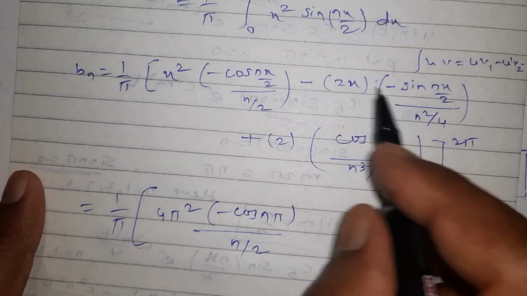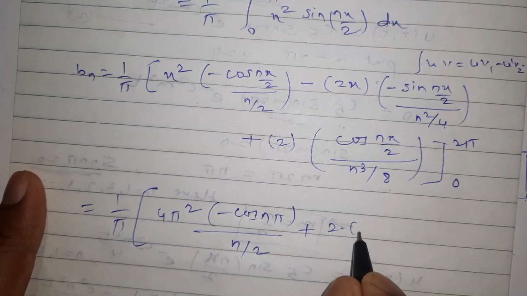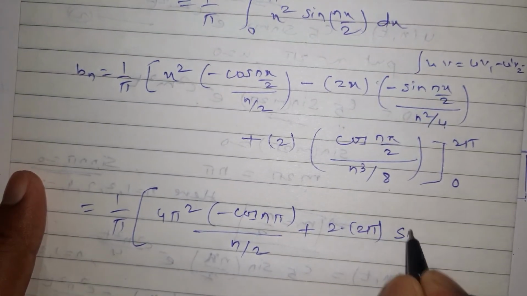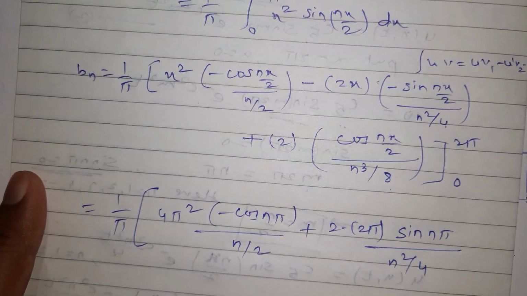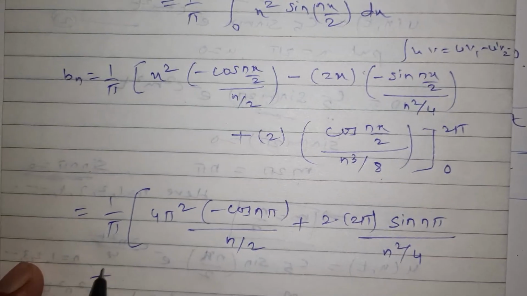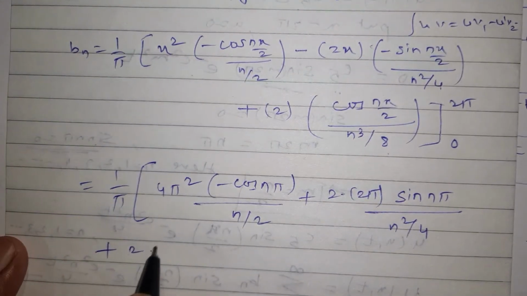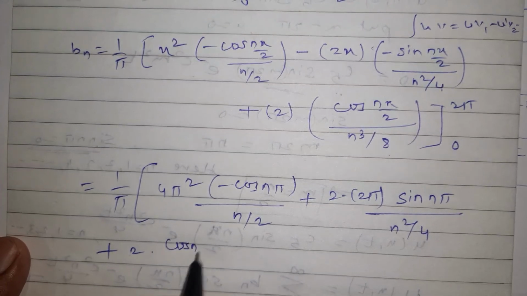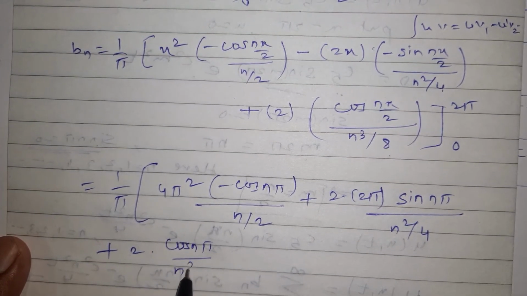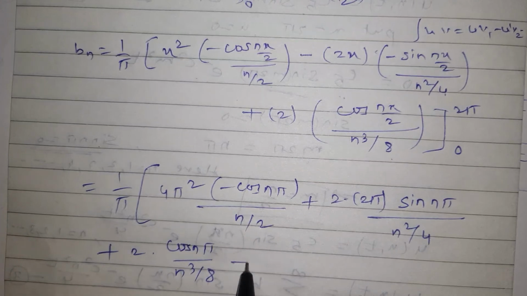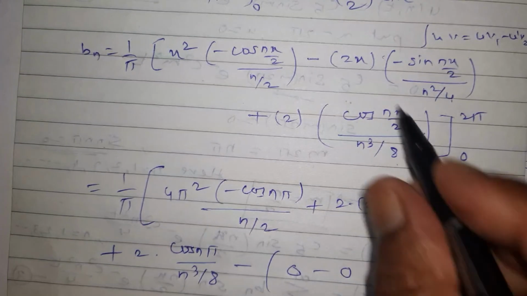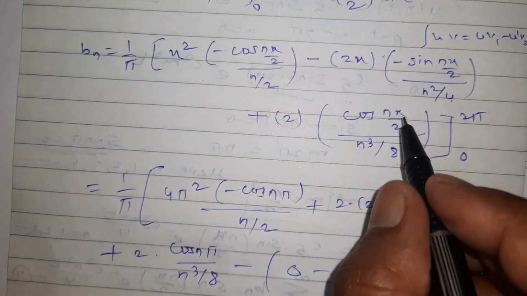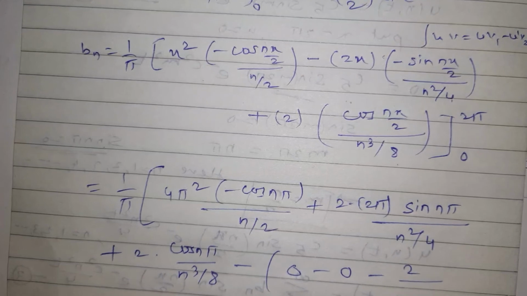We will simplify, minus minus becomes plus 2 into 2 pi sin n pi divided by n square upon 4 plus 2 into cos n pi upon n cube divided by 8, right, minus lower limit. Substitute here x equal to 0, so 0 minus 0. Here cos 0 is 1, so what do I get? Minus 2 upon n cube divided by 8.